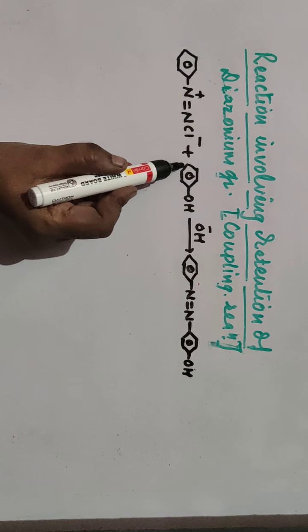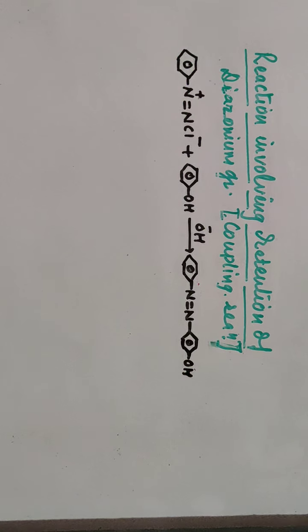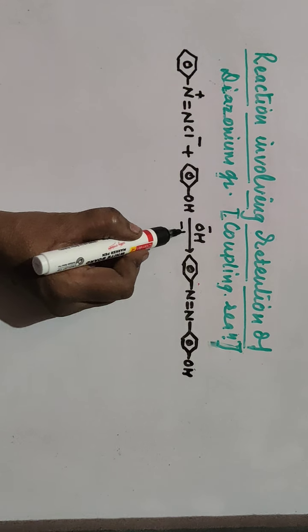The replaced hydrogen of para position from phenol and this Cl come together to form HCl.